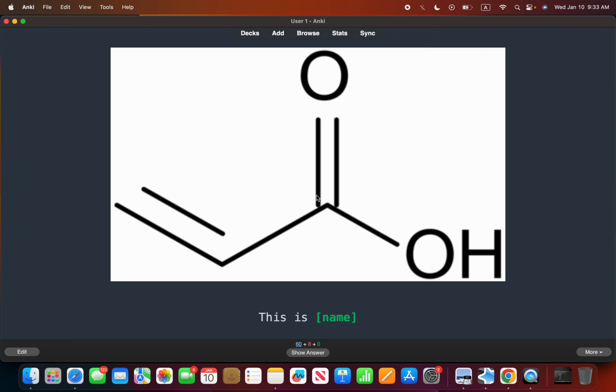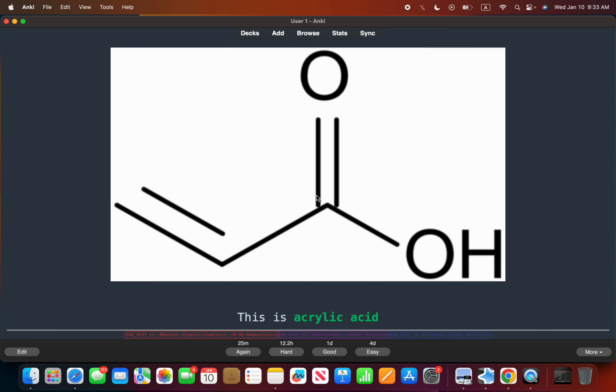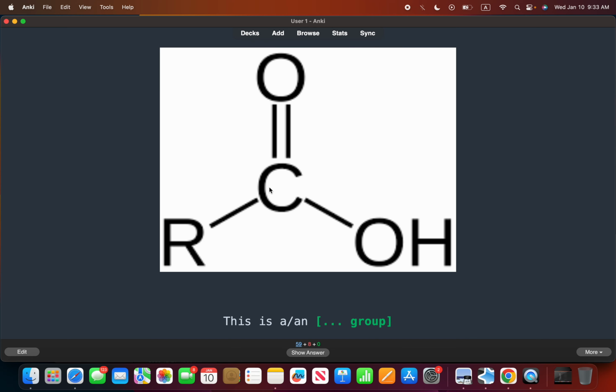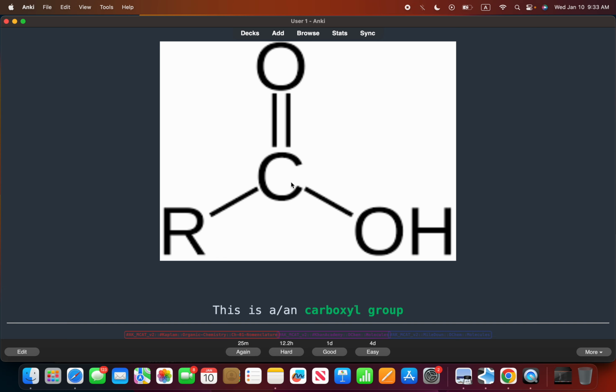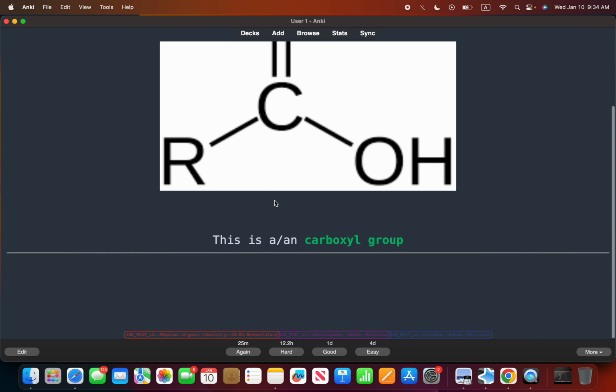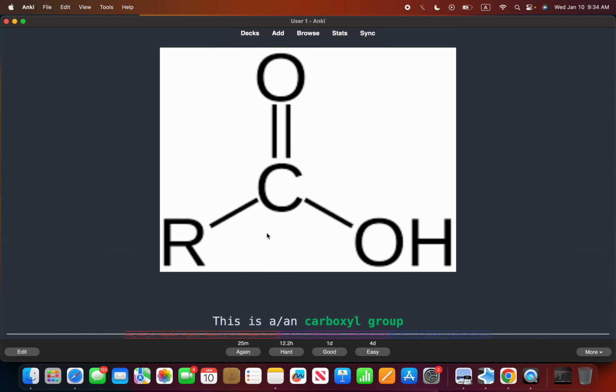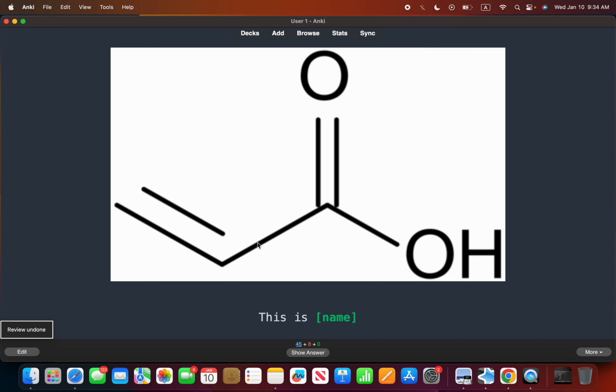This is acrylic acid. This is formic acid, carboxyl group. Wait a second. So this one, because it doesn't have any R's, if it has the R, then it's gotta be a group.